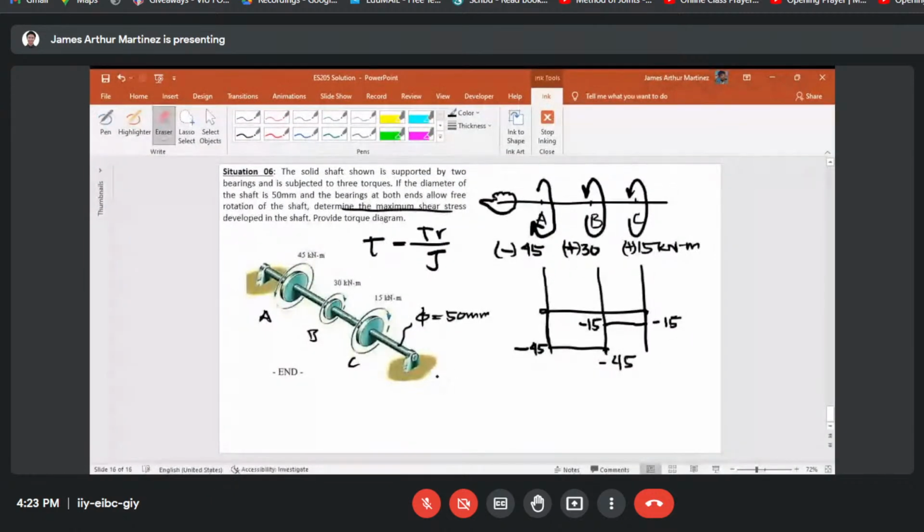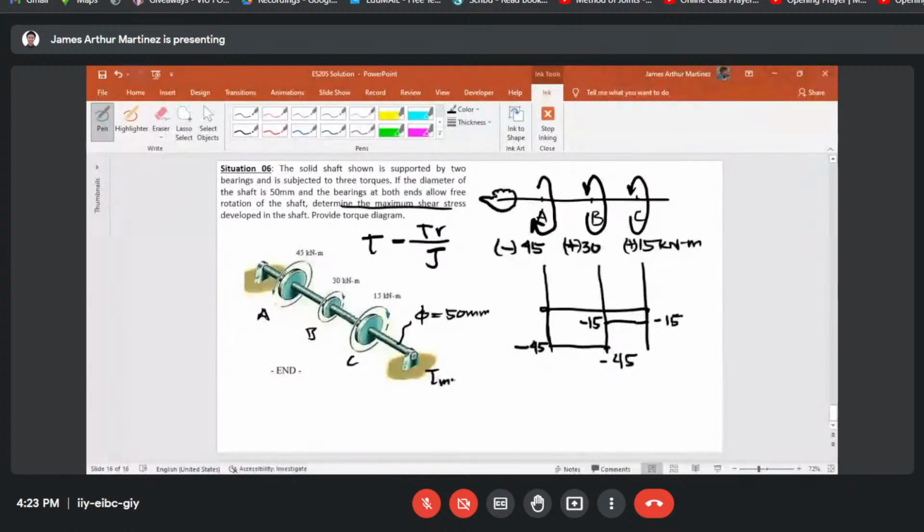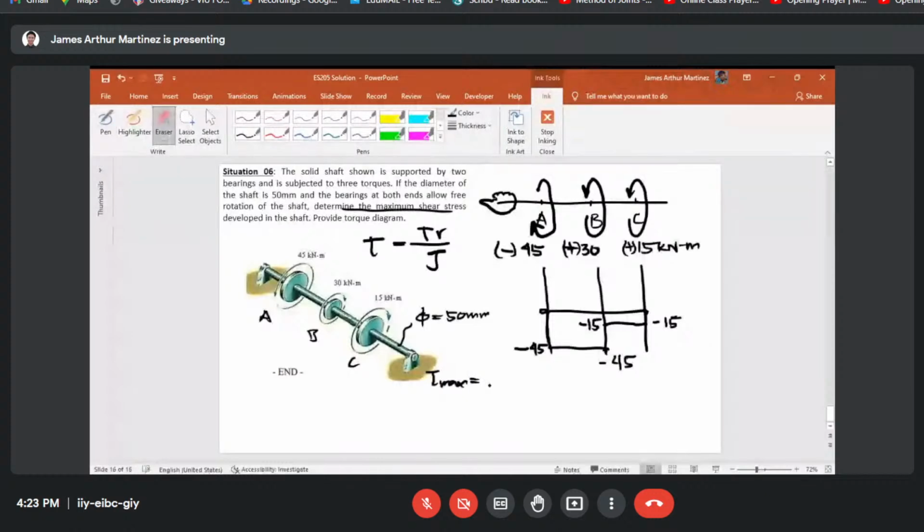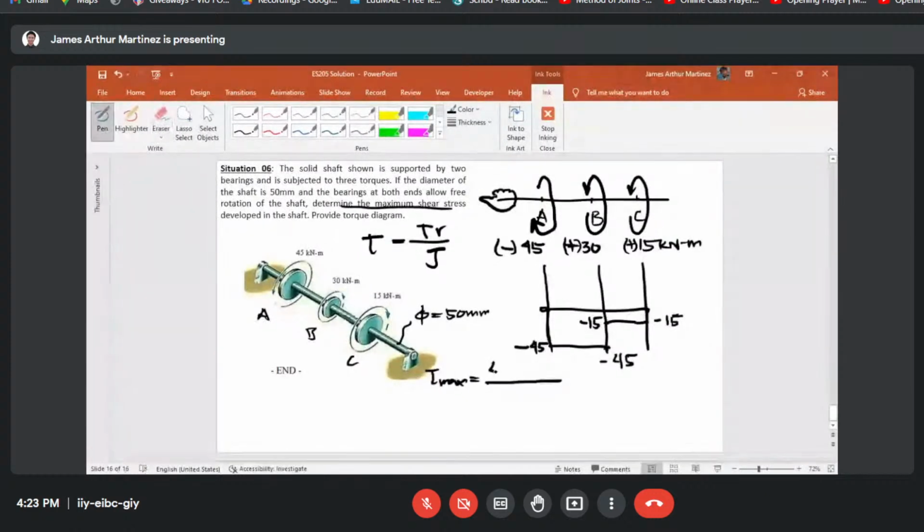So, the maximum shear stress that is being developed in the system or in the shaft, it would be 45 kilonewton meters times the radius, no nga si 50 millimeters. So, since naka-millimeters man na siya, no, i-convert na to siya into meters. So, radius lang man pod ang gipangita and diameter ang gihatag.